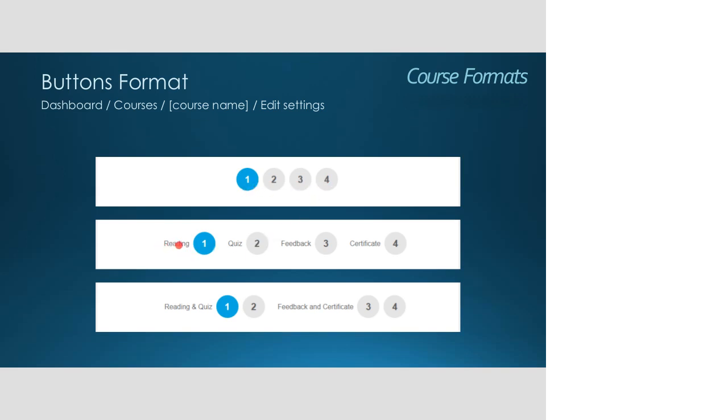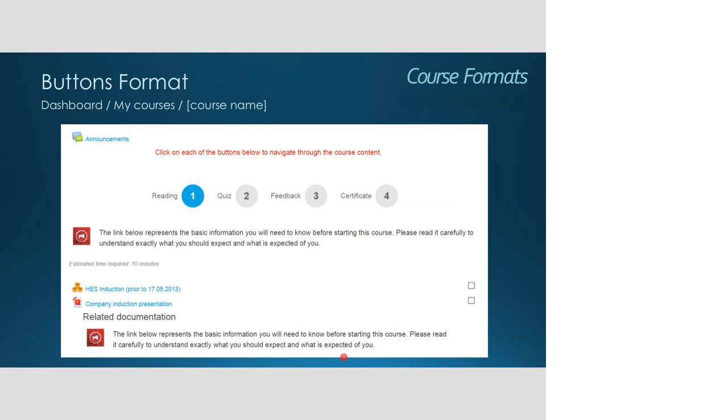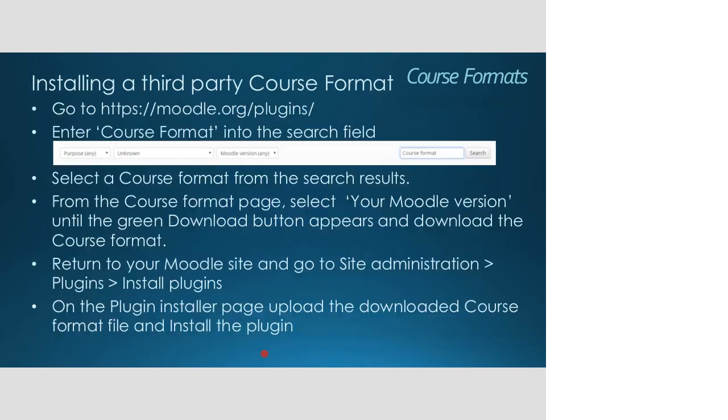You can break it up into a description per section if you wanted to, or you could group your sections together like I've done here, which says reading and quiz 1 and 2, and feedback and certificate 3 and 4. There's also an option where you can say each section you go 1 and 2, and then the next section starts at 1 and 2 as well. So they always start with 1 per section. So there's some settings that you can play with. And that was quite novel as well.